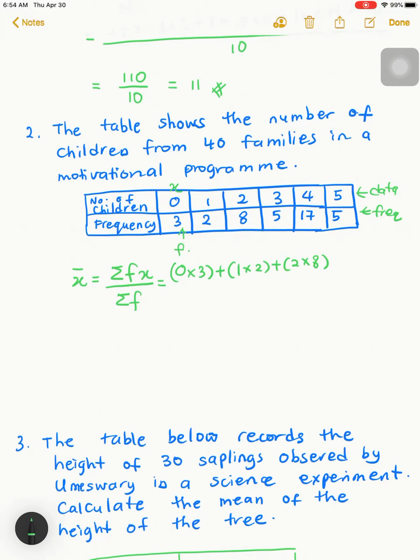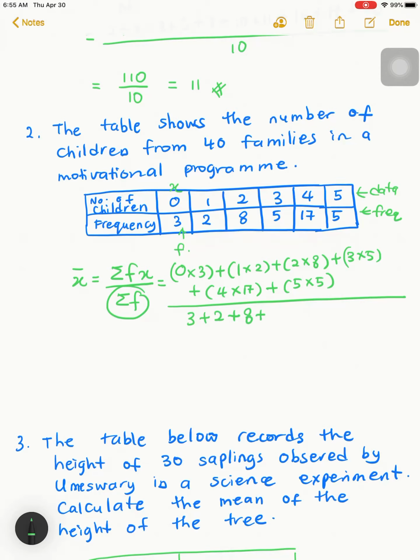So 0 times 3 plus 1 times 2 plus 2 times 8 plus 3 times 5 plus 4 times 17 plus 5 times 5, divided by the sum of frequency. So you have to add 3 plus 2 plus 8 plus 5 plus 17 plus 5.